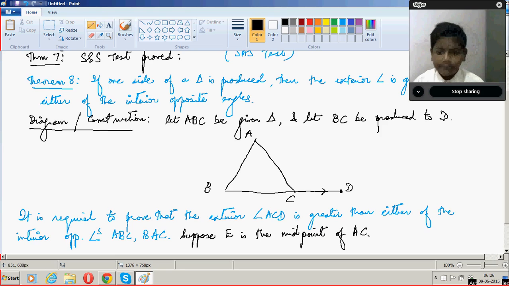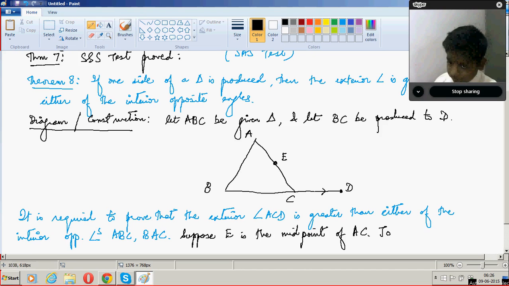We can assume this because earlier when we were developing Euclid's geometry from scratch, there were several postulates. One postulate was that if a line has finite length, it definitely has a midpoint. Okay? So E is the midpoint.